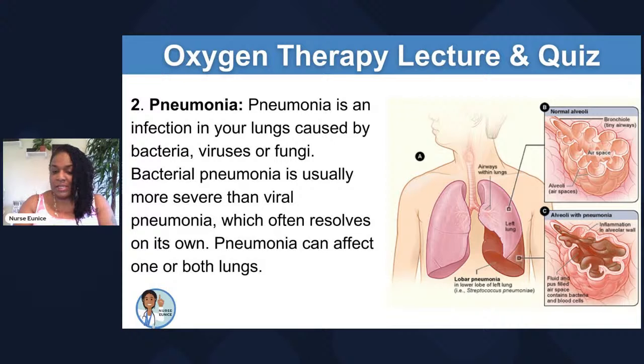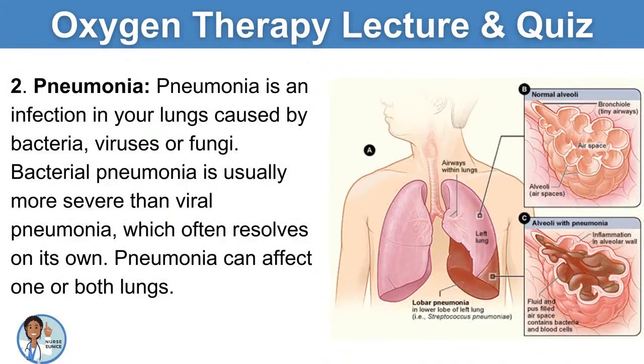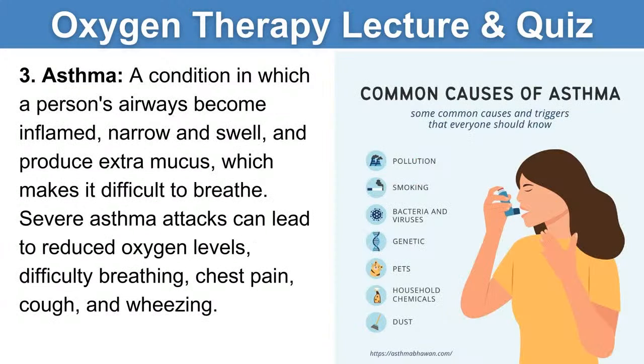If your patient's elderly or has a weakened immune system, then we're going to have to give them some antibiotics or an antiviral treatment in order to kill whatever is growing in their lungs. Pneumonia can affect one or both lungs. So COPD, chronic, is going to affect both lungs. Pneumonia can be one or two lungs.